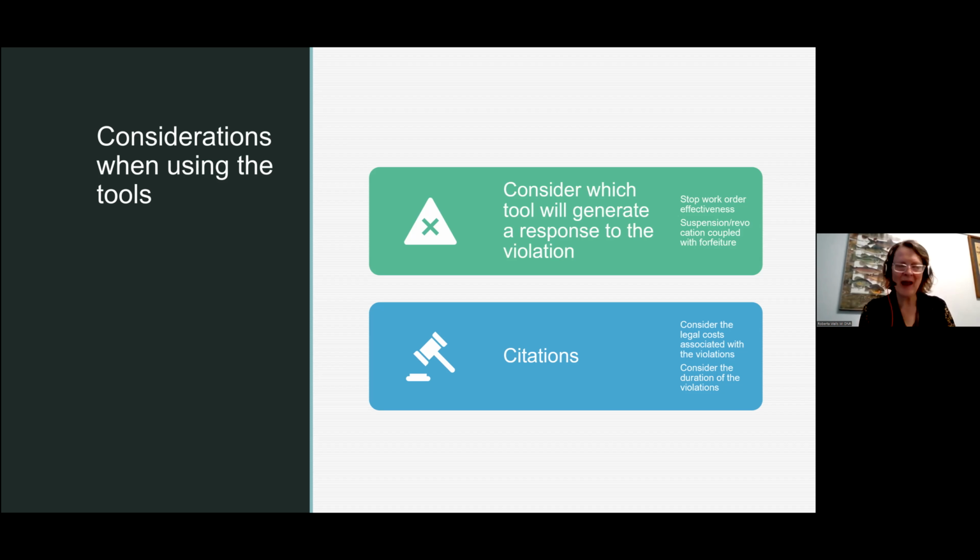For every day they operate the site without a permit, for every day they don't comply with a stop work order. Those are all accumulative. And so if you've got more than one violation, like in the case with Sauk County, you can levy a penalty for every violation that you see at a site, as well as for every day that the site is not in compliance.